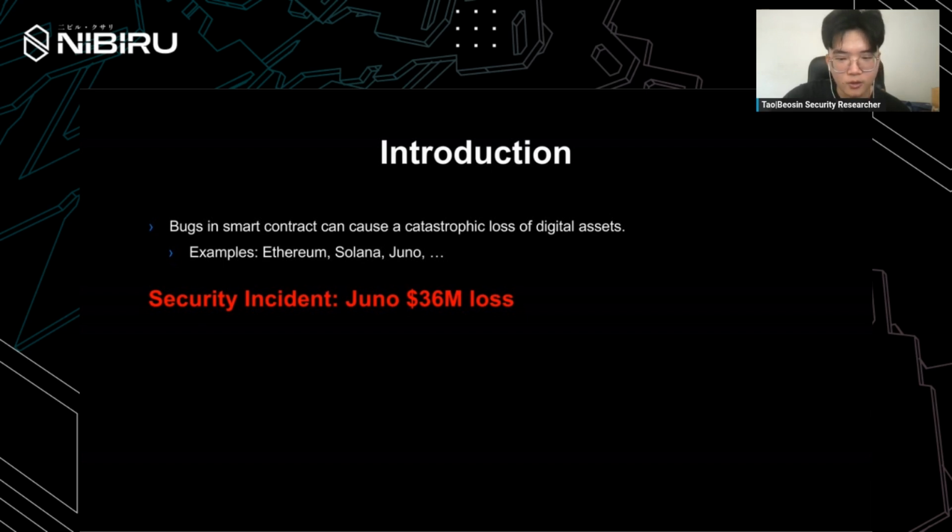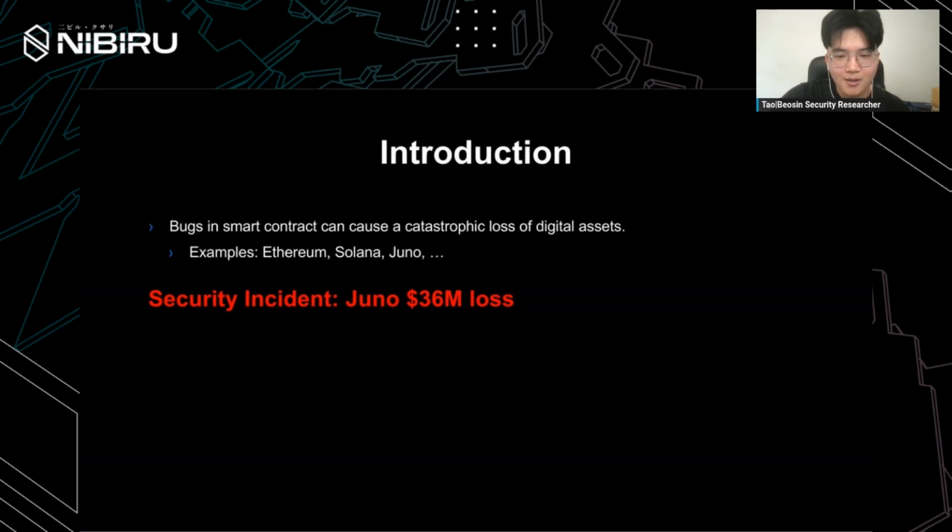The Cosmos ecosystem has been hacked several times before, and a great amount of money was lost. Here is the example of the Juno incident. There was a loss of $36 million simply because the Juno tokens were transferred to a malicious address.